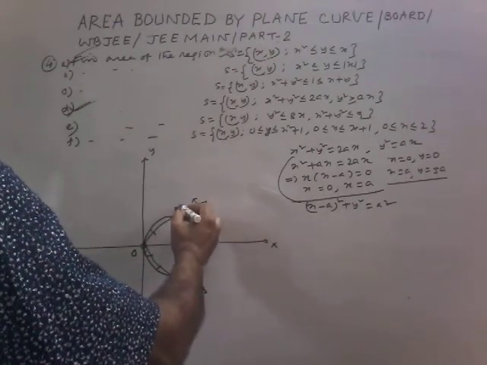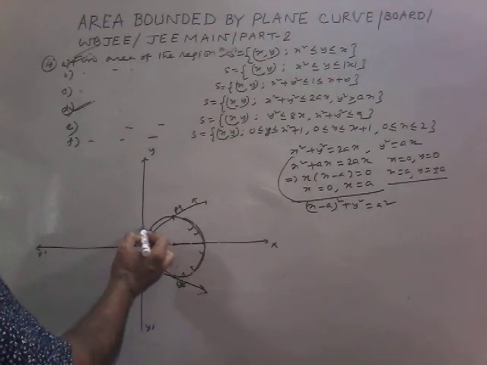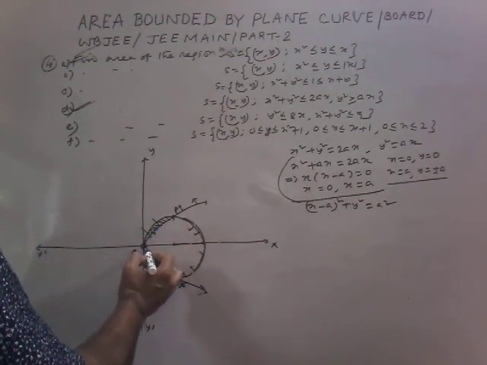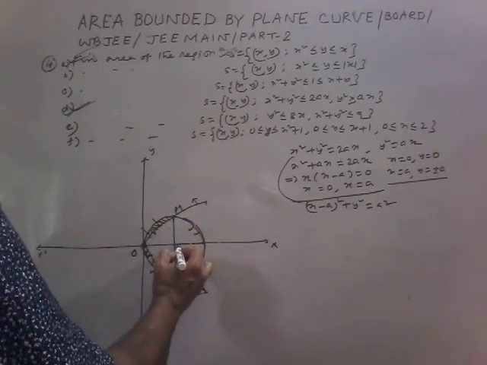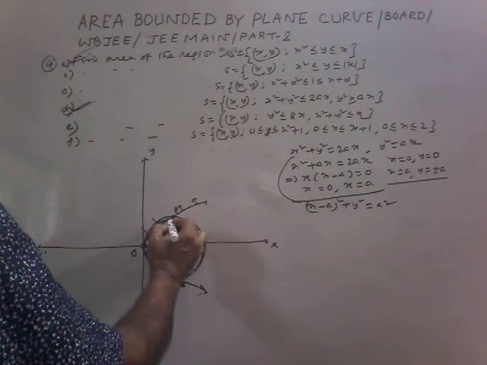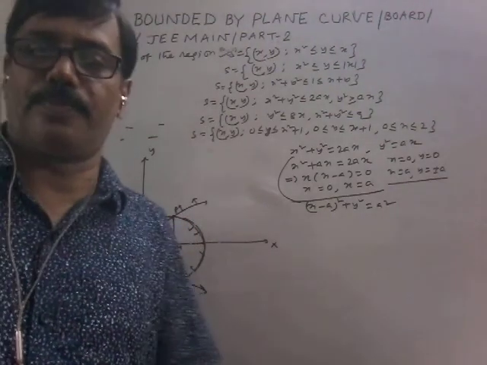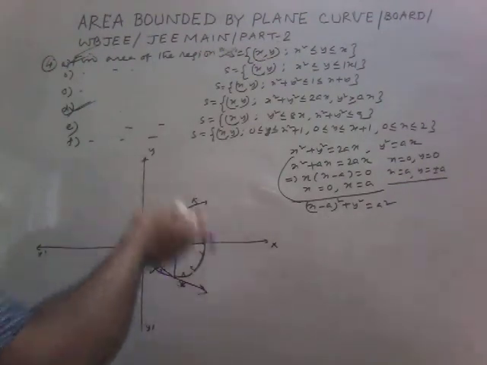Outside the parabola is this. So which part is common? This part plus this part. So if we consider the shaded portion above the x-axis, it is multiplied by 2. So inside the circle and outside the parabola.